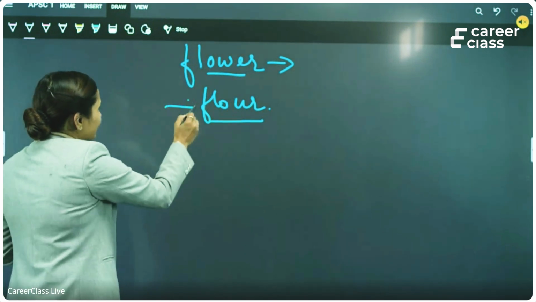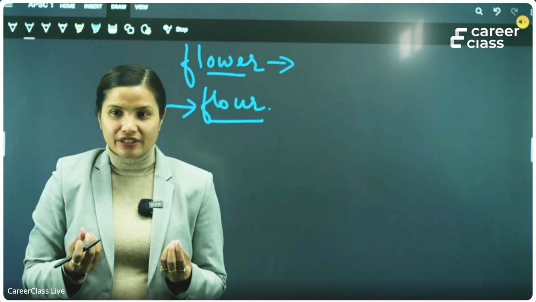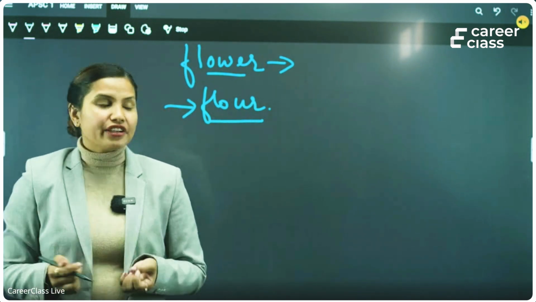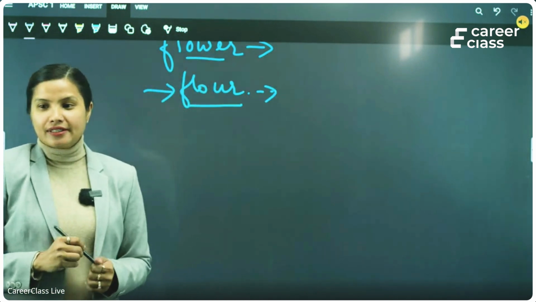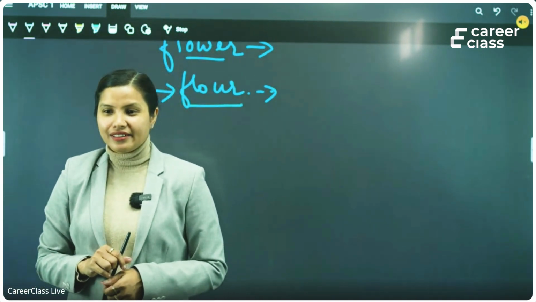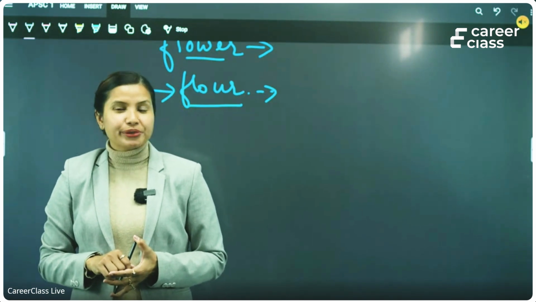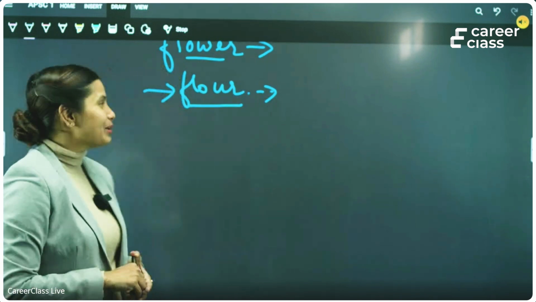And what about flour? It's a grain. When we grind the grain, we find a powdered form of it, and that is called flour. Can you give me an example? We use rice flour to make pithas. Yes.